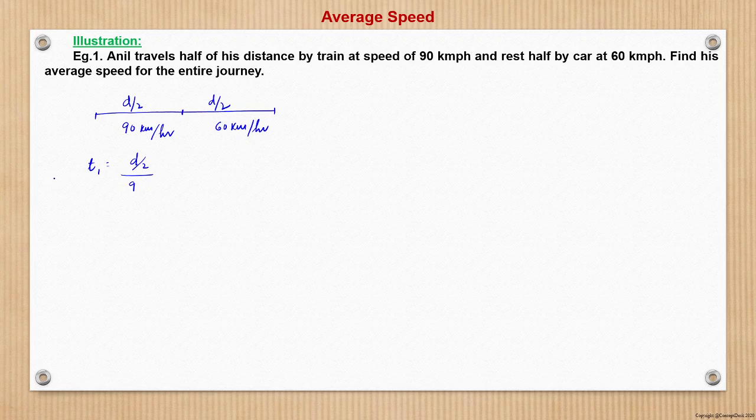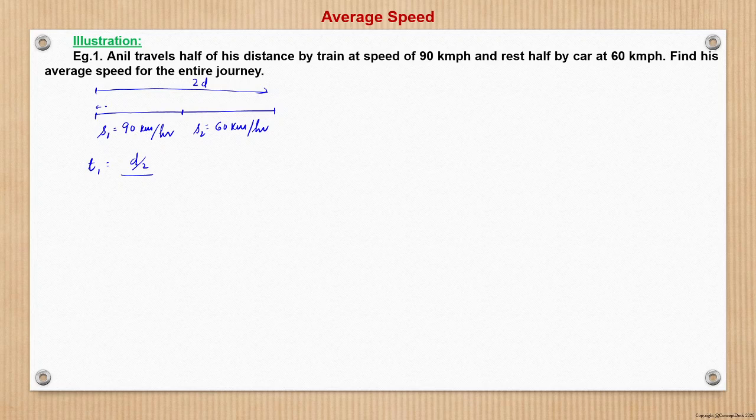So here again I take a variable and then I derive one important relation. Let the speeds be s1 and s2, and here also let us assume that the total distance is 2d.